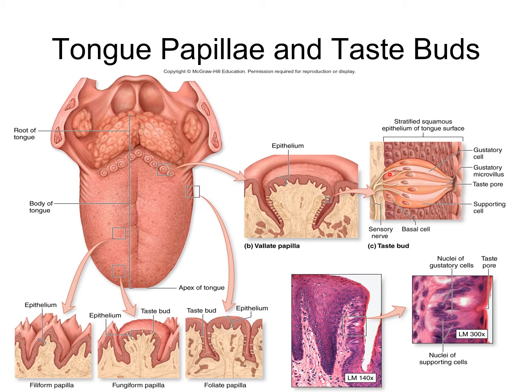Another type of cell we have within our taste buds that is pretty important is the basal cells back here. Basal cells are basically stem cells that can help regenerate our epithelial cells, or our gustatory cells.